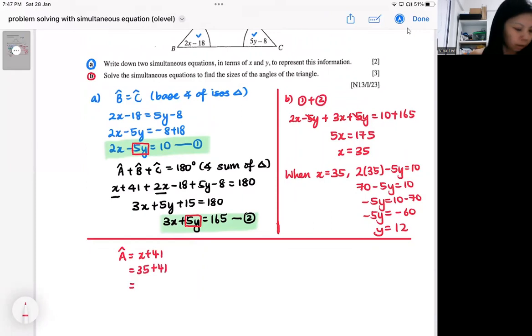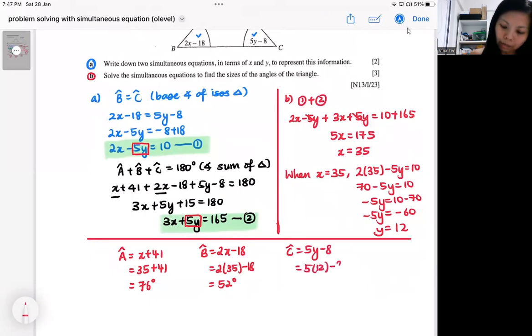You work it out, you will get 76 degrees. Angle B is 2x minus 18. Put in your x, you will get 52. Angle C, 5y minus 8. Put in your y, and in this case, you got 52 as well.